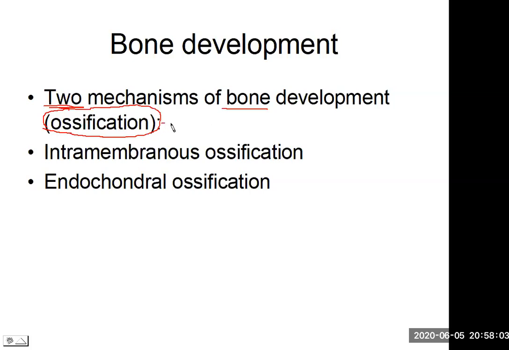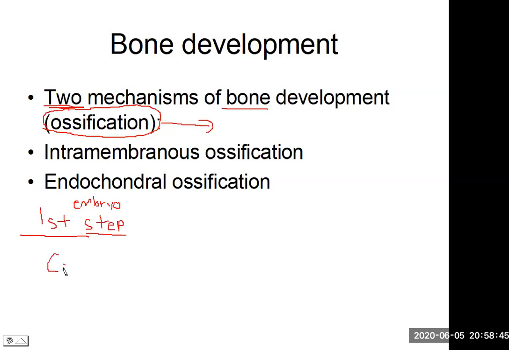So starting with the word ossification, this has a very specific meaning. Ossification means the replacement of some original connective tissue by true bone tissue. So we'll say in a first phase, and this first step or this first phase occurs in the embryonic stages, there's the creation of some non-bone connective tissue.